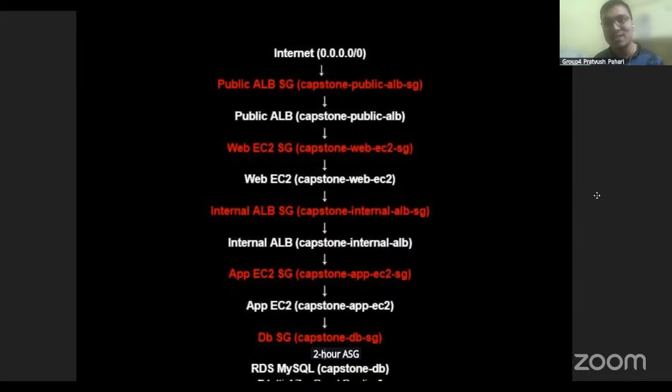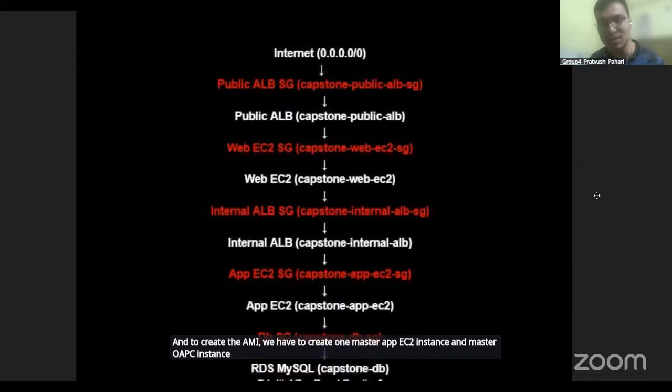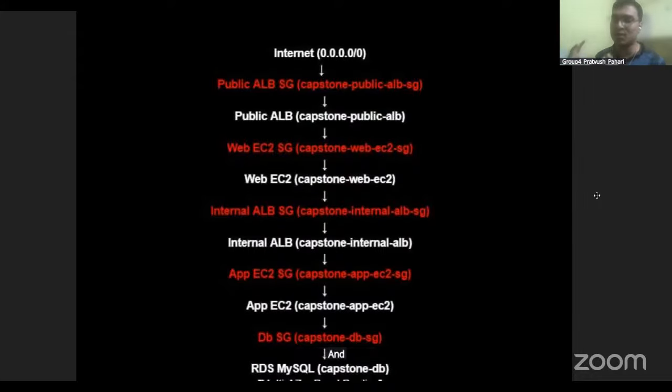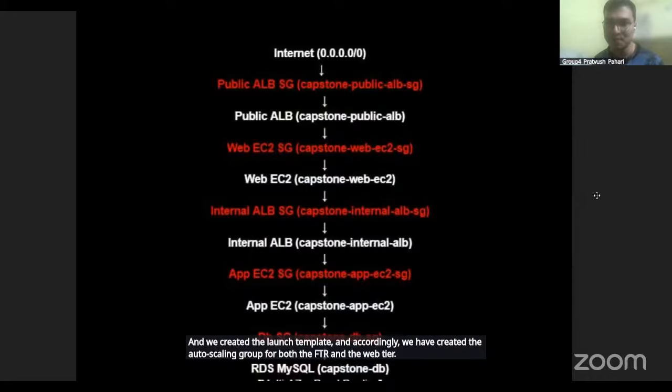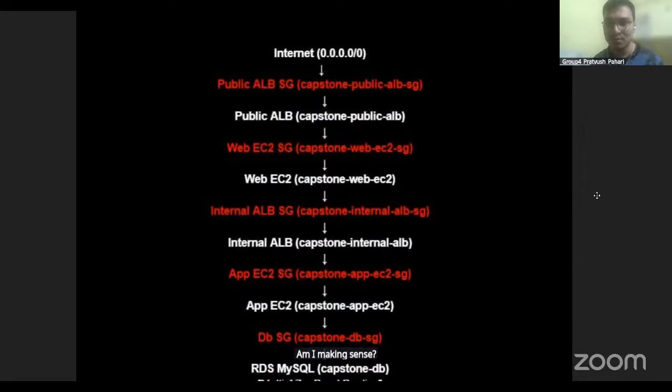For that, the ASG needs a launch template, and the launch template needs the AMI. To create the AMI, we have to create one master app EC2 instance and one master web EC2 instance. From there, we create the snapshot in the form of an AMI, then we created the launch template, and accordingly we created the auto scaling group for both the app tier and the web tier. Am I making sense? Yeah, you're making sense.